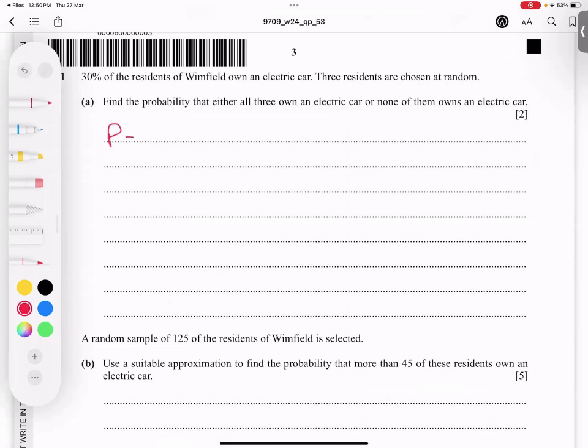So you know very well, the probability of favor is 0.3, and the probability of not favor is 1 minus 0.3, which equals 0.7. He's saying either all have it, meaning the first person has it, the second person has it, the third person has it, or I can say 0.3 to power 3.